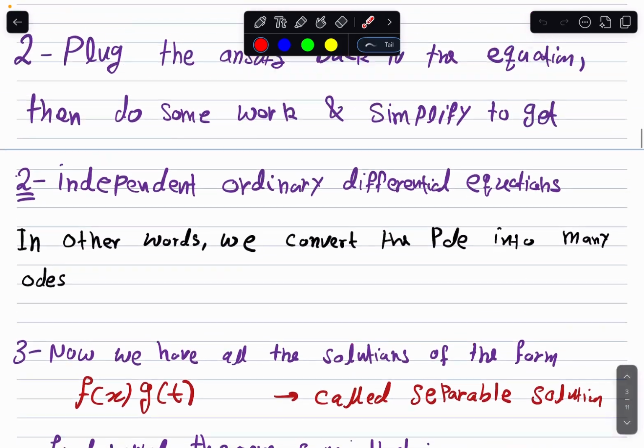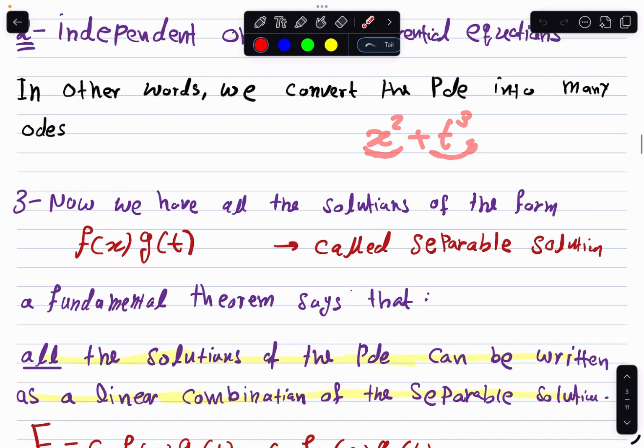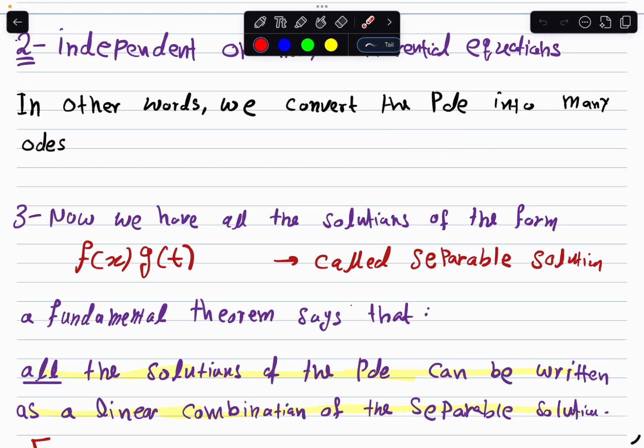For example, what I said a moment ago, x squared plus t cubed, is a linear combination of a function which depends only on t and another function which depends only on x. Okay? So this is the main result of why this method actually works, because all the solutions can be written as a linear combination of this special family.